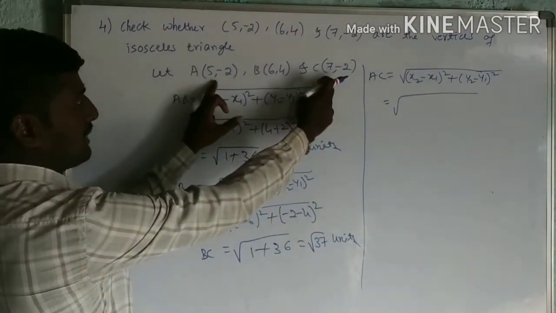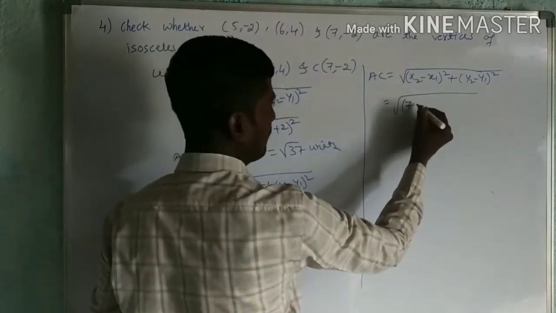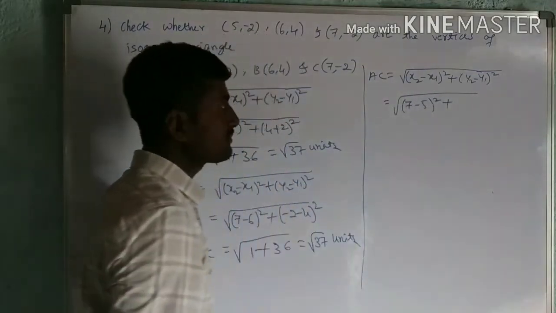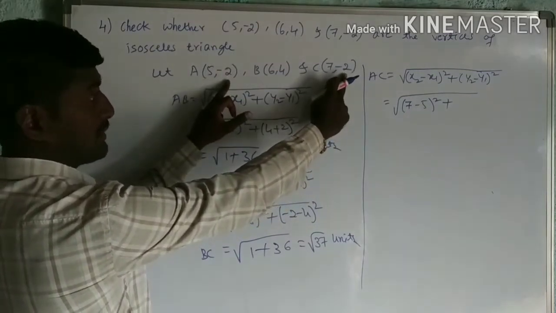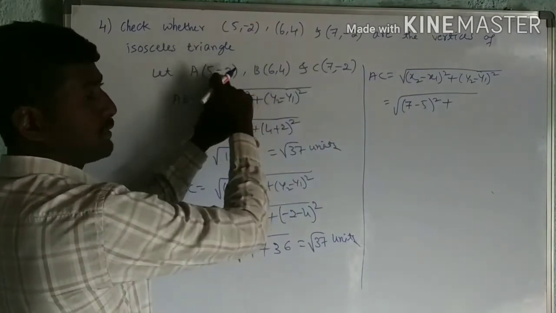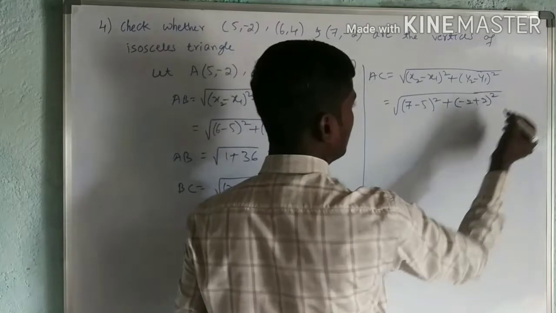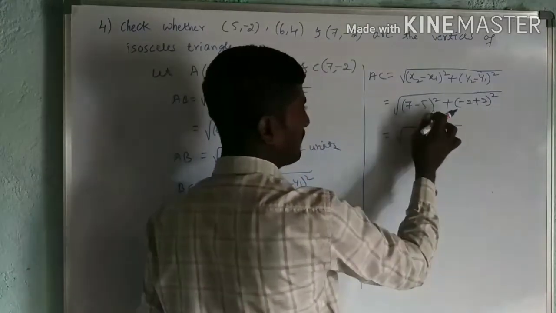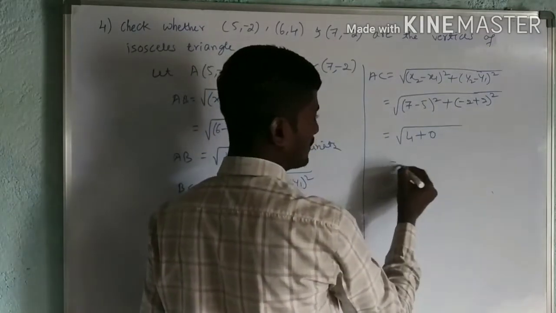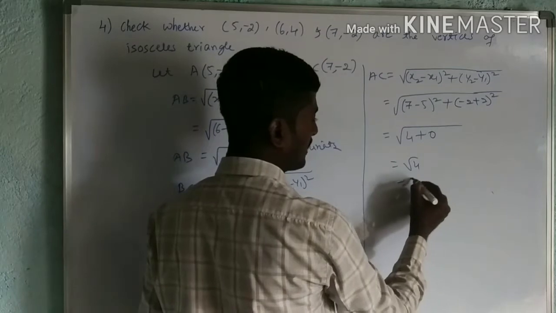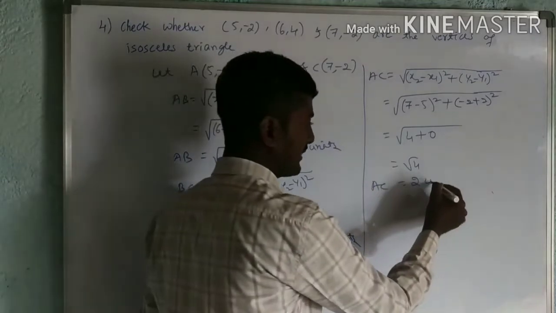I take this as x1 y1 and this as x2 y2. (7 minus 5) whole square plus (y2 minus y1), y2 is minus 2. Here also minus is there. Minus 2 minus into minus, plus 2. (-2 plus 2) whole square. This is equal to under root of 7 minus 5, 2 square is 4, minus 2 plus 2, 0 square is 0. So root of 4. Root of 4 is nothing but how much? 2. So AC I am getting here as 2 units.